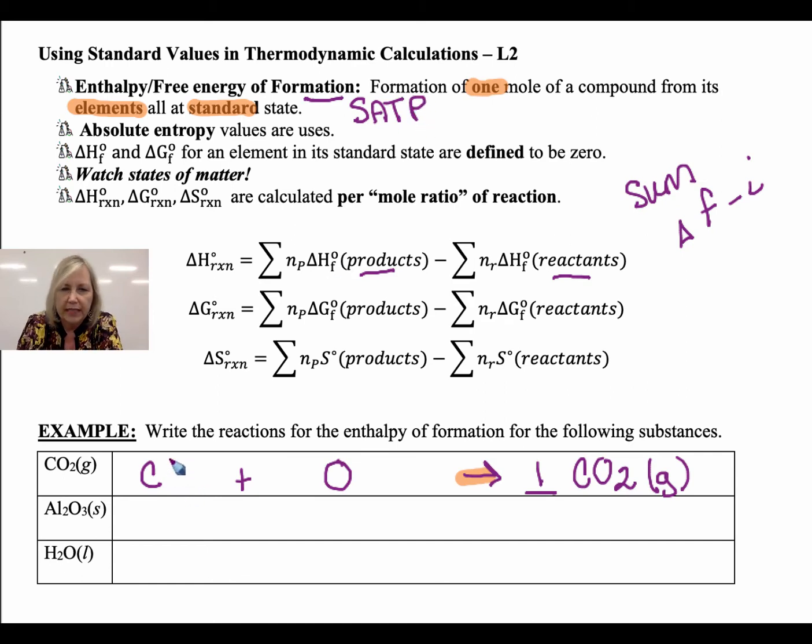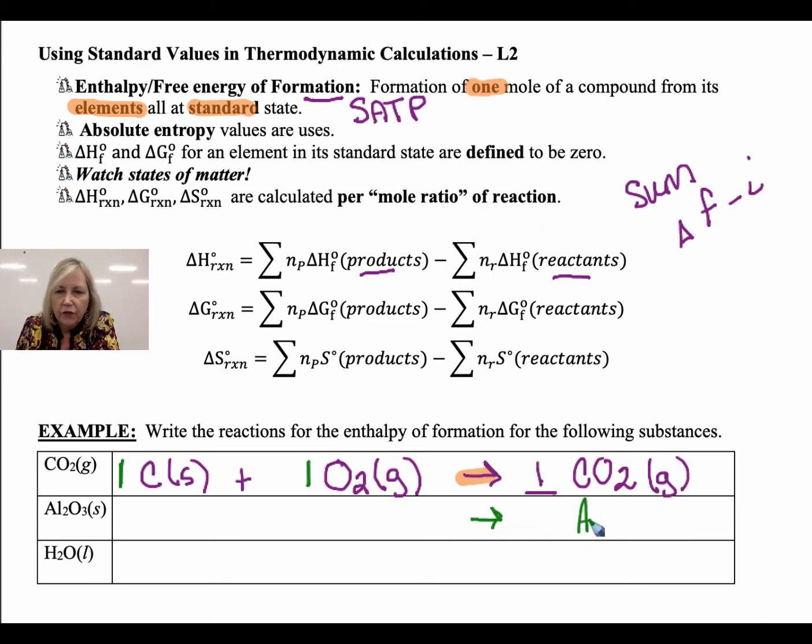So for carbon, that's going to be solid graphite. For oxygen, that's going to be O2 gas. So that meets the three requirements for being a formation reaction. And now we would have to balance that, keeping in mind that that has to be a 1. So I'd have a 1 there, and then in this case there's a 1 for the O2. Let's try these next two, and then we'll talk about entropy.